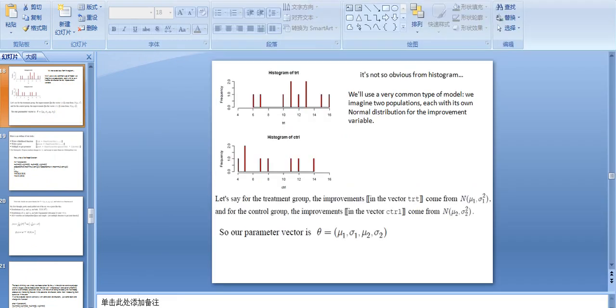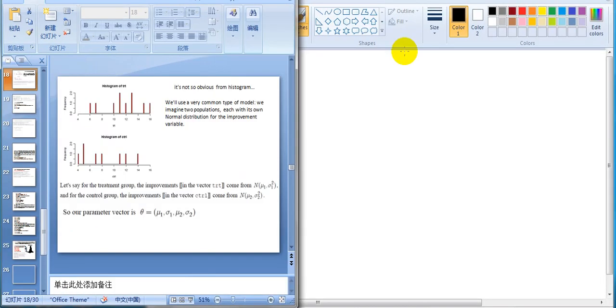So now let's do a summary of our model and the data.